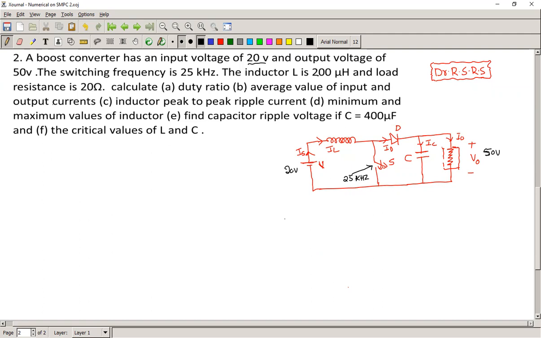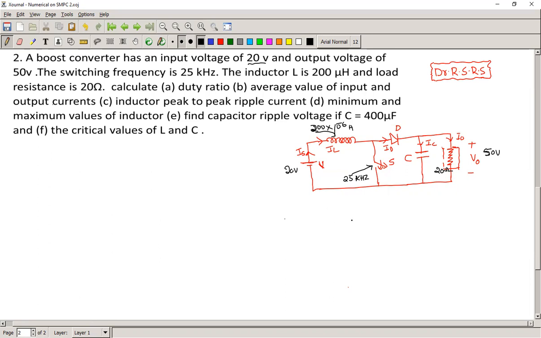The inductance is 200 micro henry, which you have to convert into henries, and the load resistance is 20 ohms. Calculate the duty ratio.